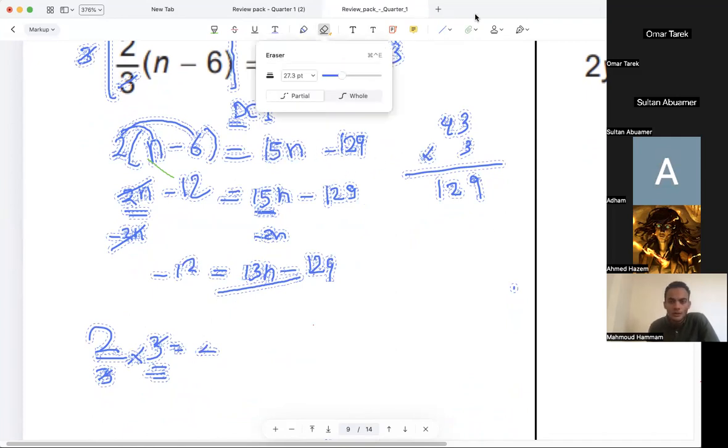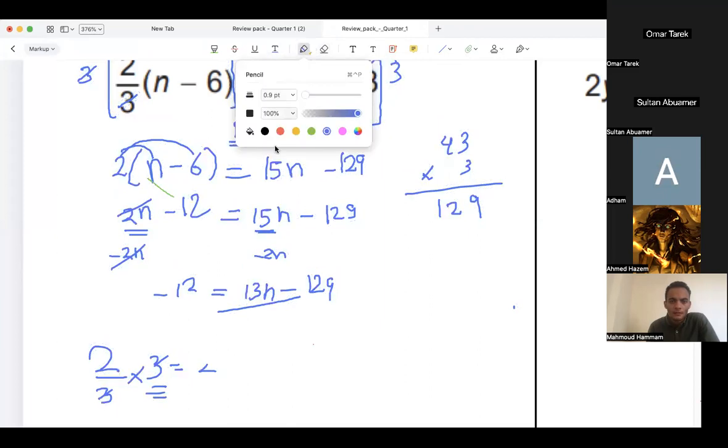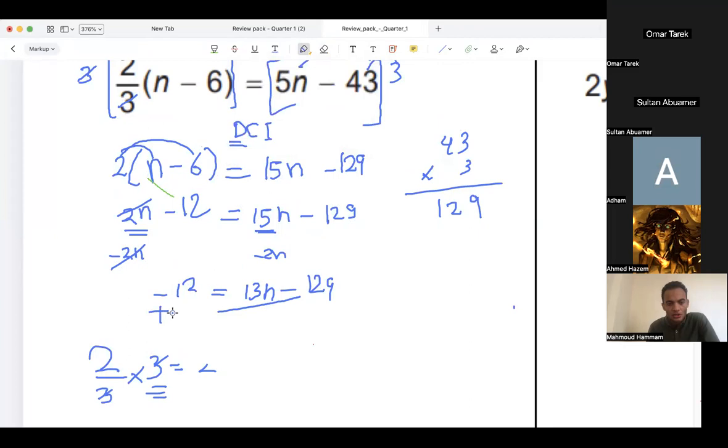Let me take the pen. Here you have positive 129, correct? Yes. So we should subtract first: 129 minus 12. 9 minus 2 is 7. 2 minus 1 is 1. So it is 117. So here is 117 equals 13n.